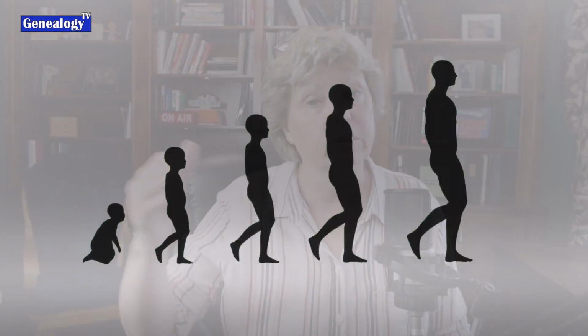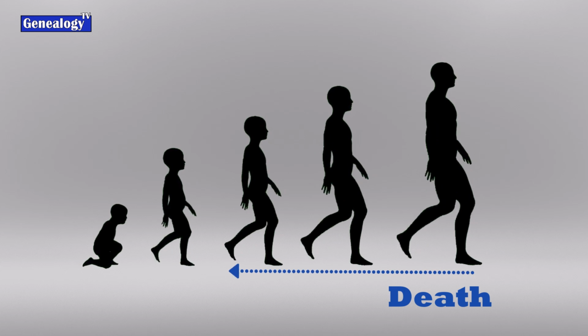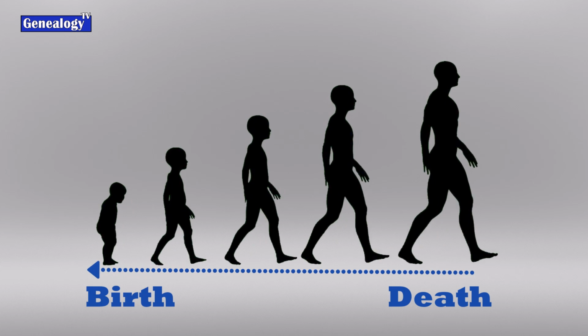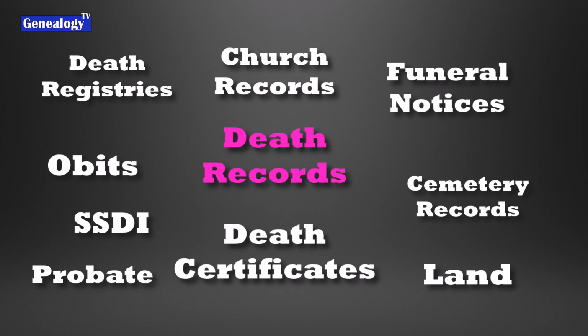And so, if you're doing your research properly, you're working from death to birth. Death records in general usually tell you more about a person's death and their lifetime at death than probably just about any other type of record. But today we're just going to focus on a death certificate and all the little details and clues that you can find in it.